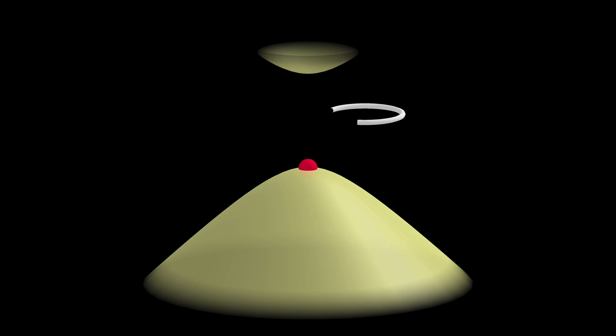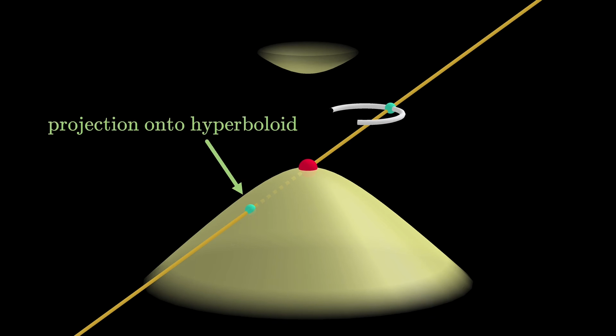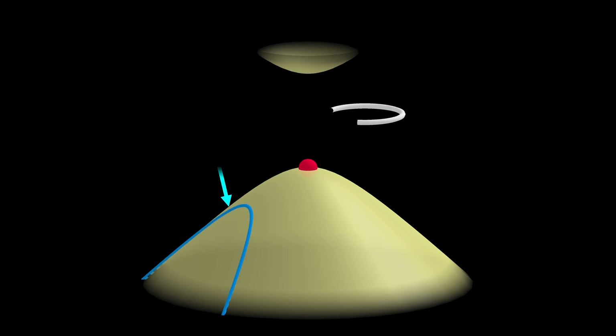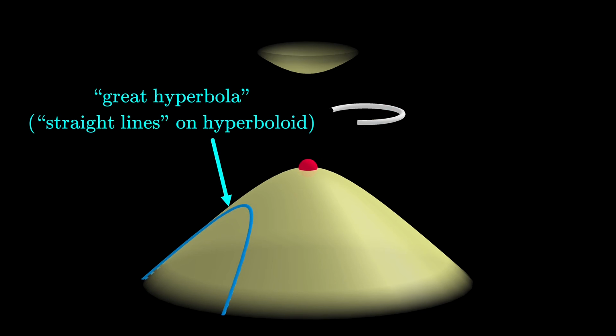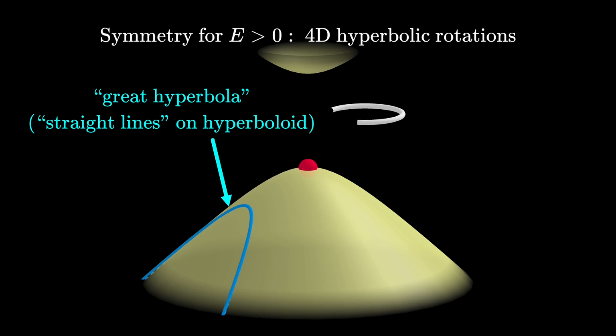From an apex of the hyperboloid, draw a line to an arbitrary point on the hodograph. The intersection of this line with the hyperboloid is the projection of this point. If we do that for all the points on the hodograph, we end up with what's basically a straight line on the hyperboloid. That's why the symmetries for the hyperbolic case correspond to 4D hyperbolic rotations. More details in the description.